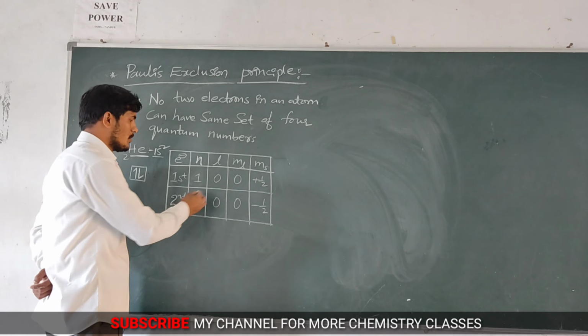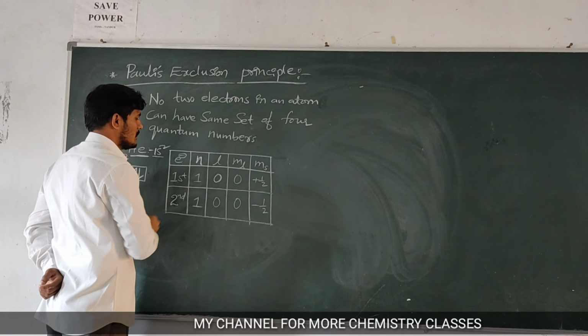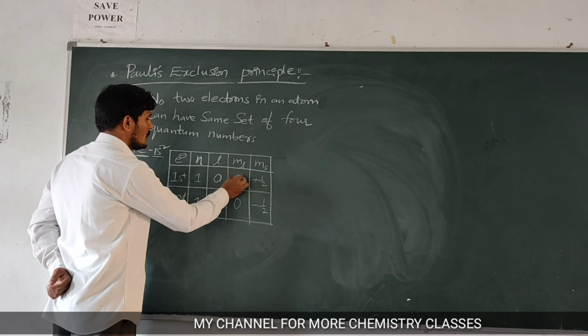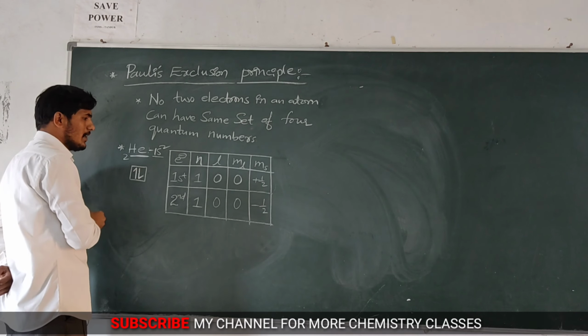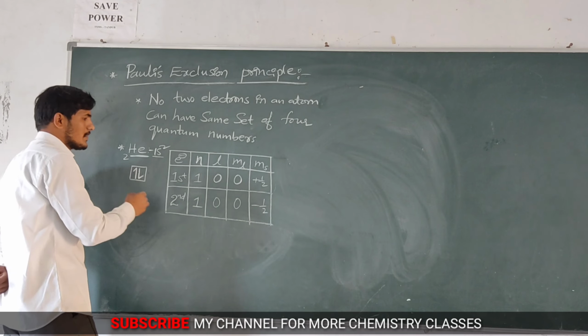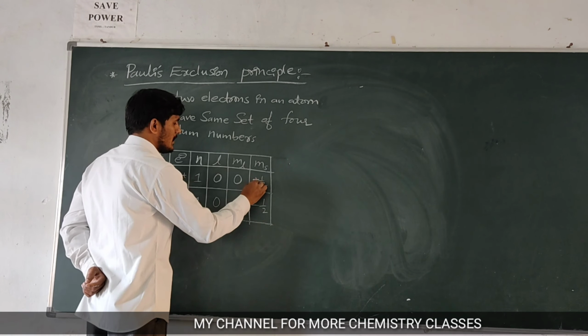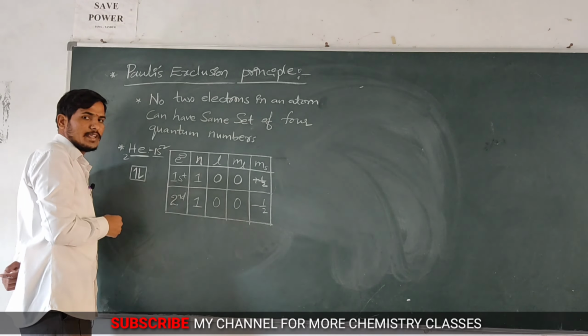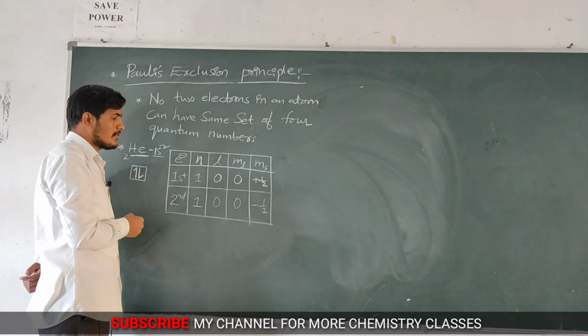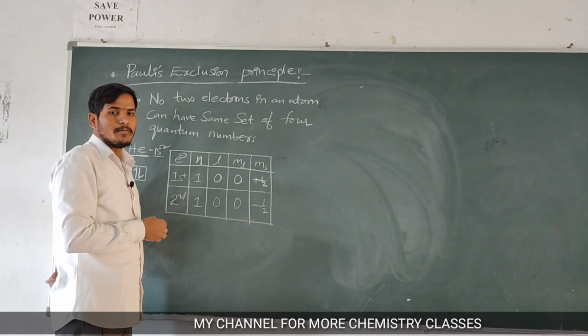When l is 0, ml is also 0. Since 2 electrons are present, they have opposite spin. The first one is taken as positive; when an electron moves around the nucleus in a clockwise direction, it is taken as positive.